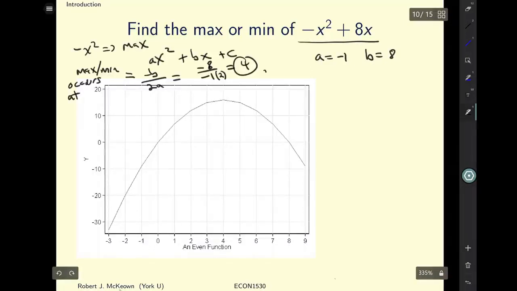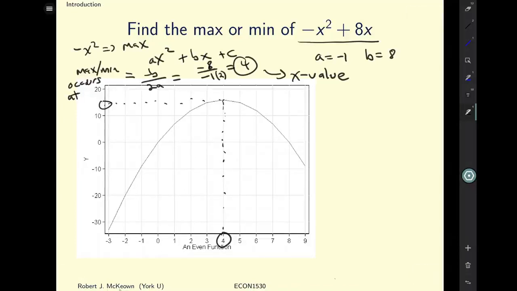And this 4 is our x value right here. And if I dot my way up to the top and dot my way over here, I'm going to find the maximum.